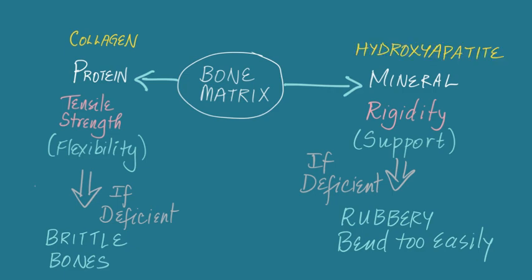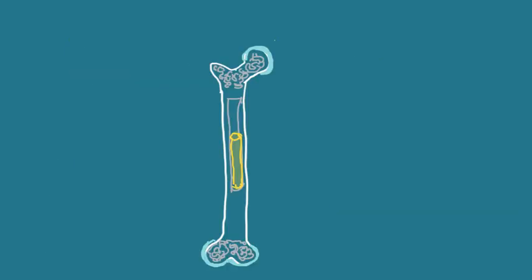The mineral that we are talking about is called hydroxyapatite, and hydroxyapatite is made up of calcium phosphate mostly and a small amount of calcium carbonate. So the most important ion in bone is calcium, which is why the bone plays a very important role in calcium homeostasis. Here's a long bone.